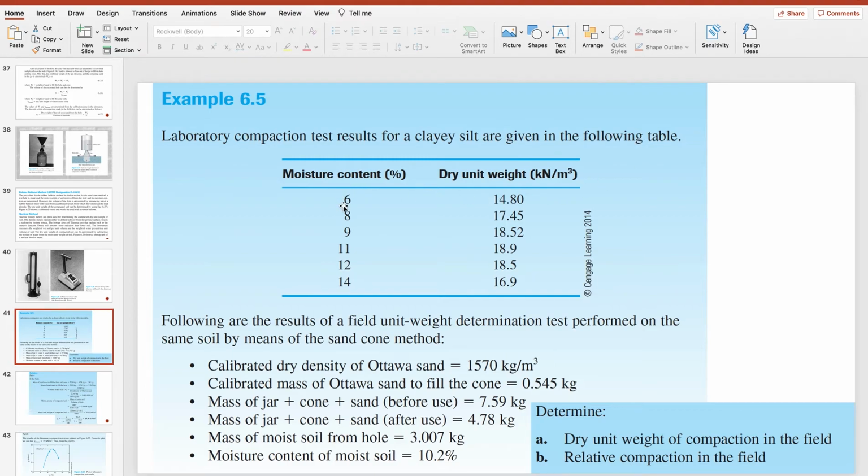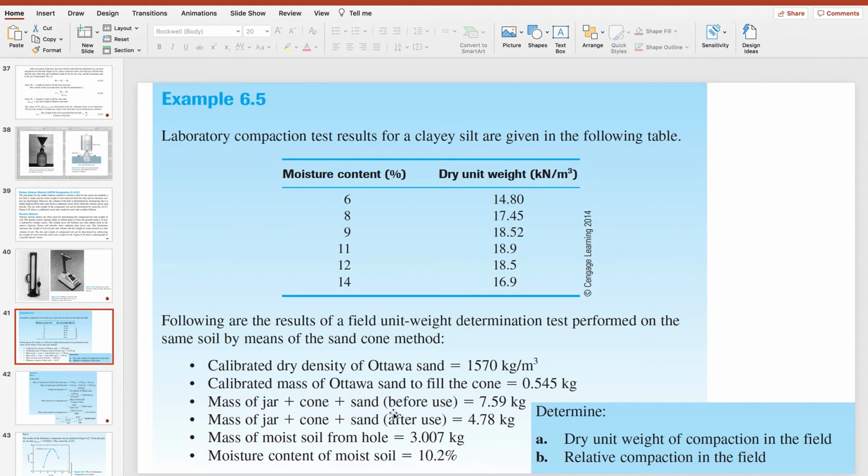So the moisture content 6, 8, 9, 11, 12, 14. So these are controlled samples. And the dry unit weight are given as follows. Okay? So determine the unit weight of compaction in the field. Then relative compaction in the field.